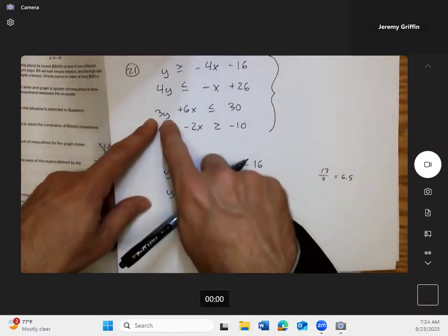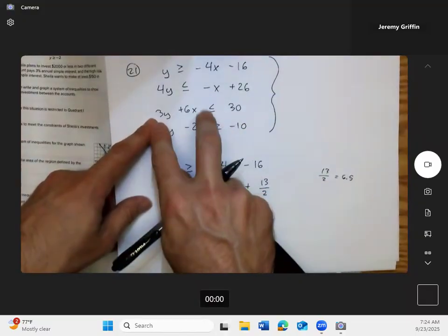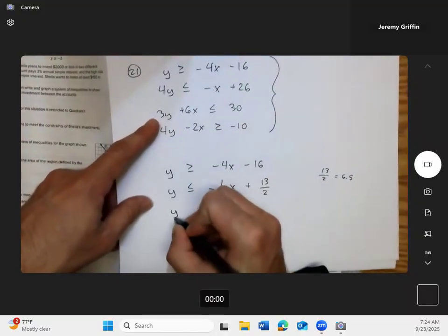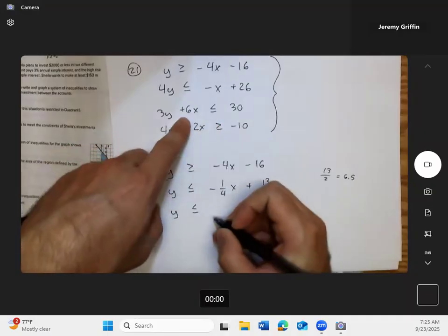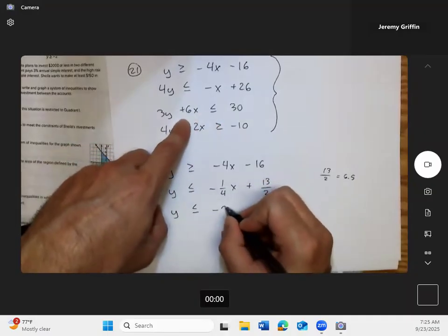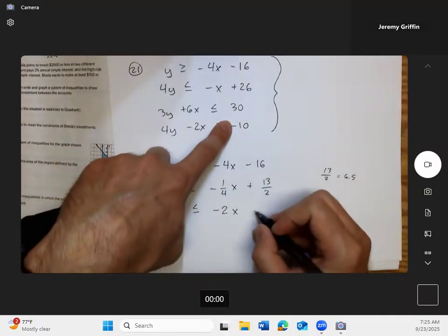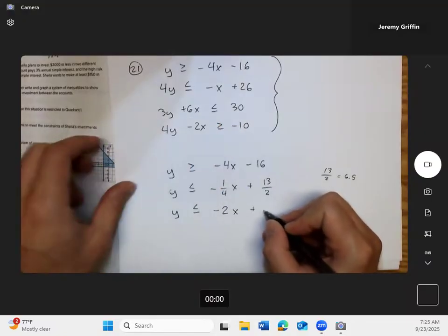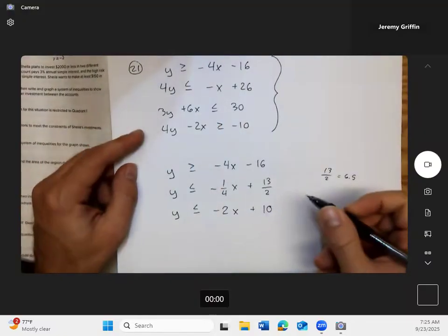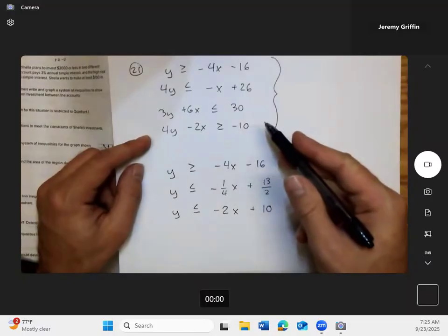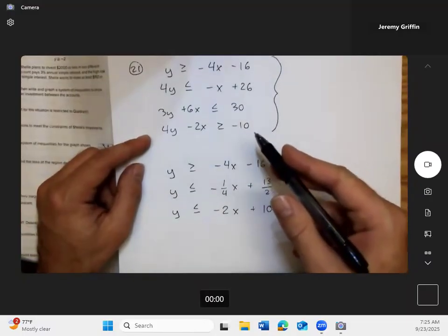This one, if I subtract over 6x and then divide both sides by 3, I'm getting y is less than or equal to 6 over 3. It'd be -2x and then plus the 30 over 3 would be 10. Double check, yeah, okay.